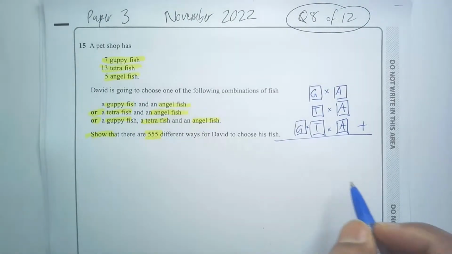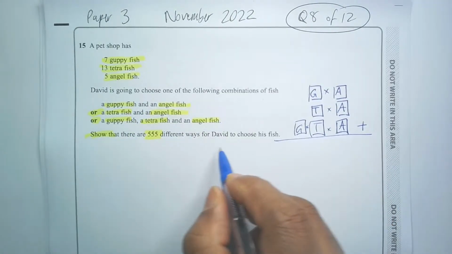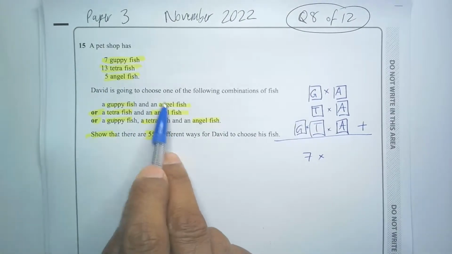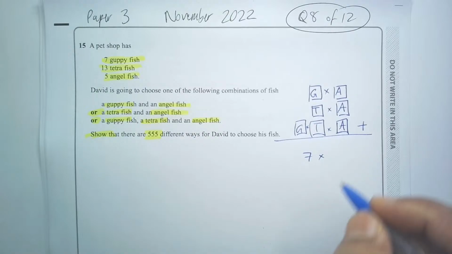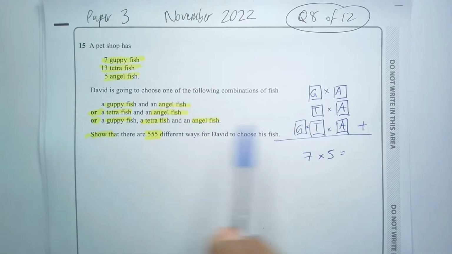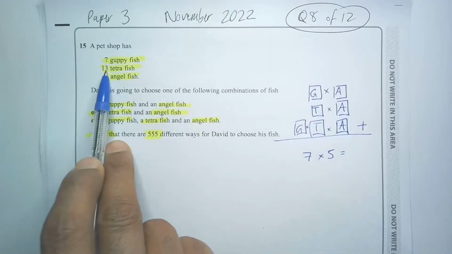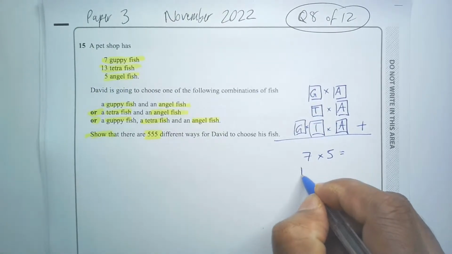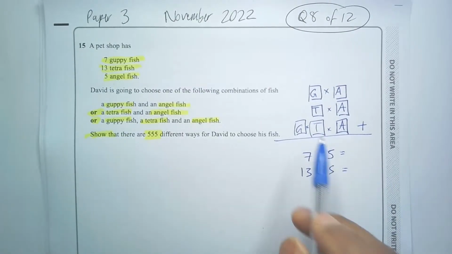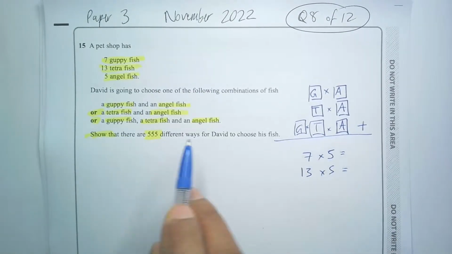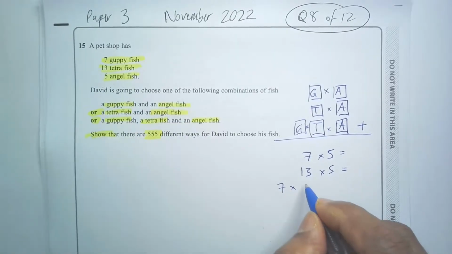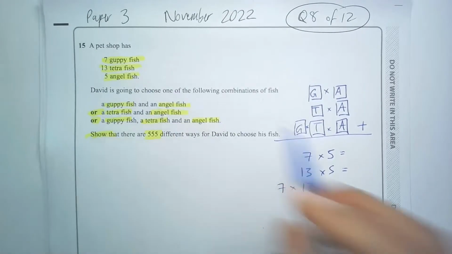So how many guppy fish do I have? Guppy is 7 times angelfish 5. Then tetra and angel: tetra is 13 and angel is 5. And then guppy, tetra, and angelfish: guppy is 7, tetra is 13, and angel is 5.